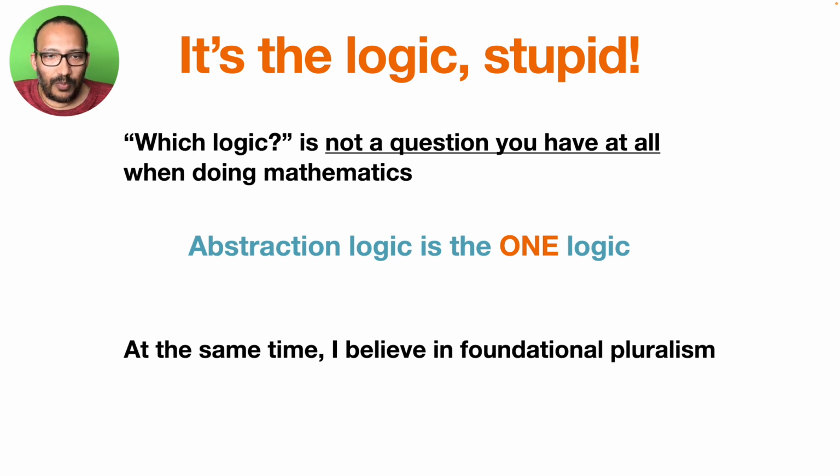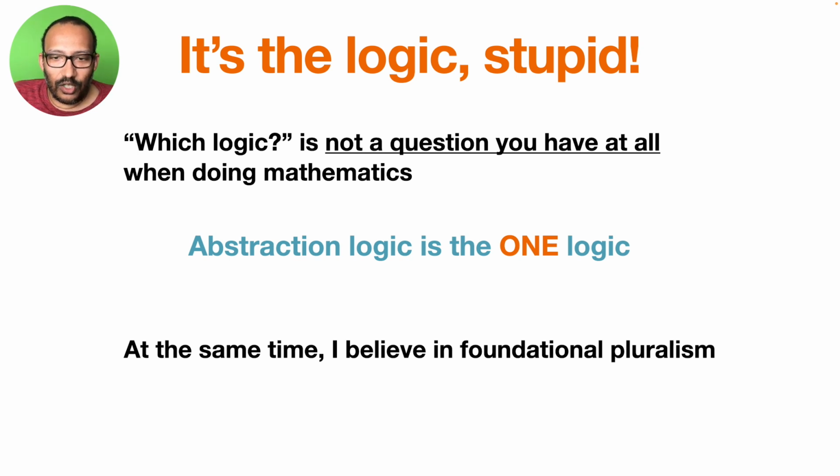Interestingly, although for a system such as Practal you have to answer the question of which logic up front, this is not a question you have at all when you do mathematics, right? So mathematicians usually don't care about the logic that they're working in if they're not logicians. I think abstraction logic reflects that, because abstraction logic is not one of many logics.